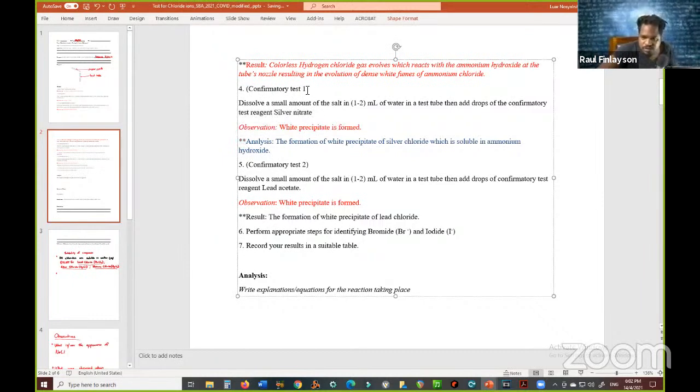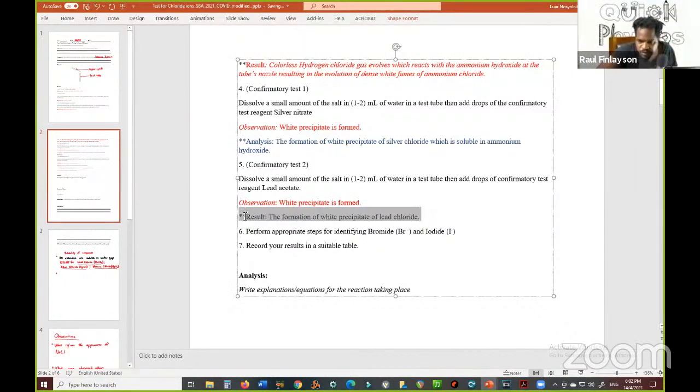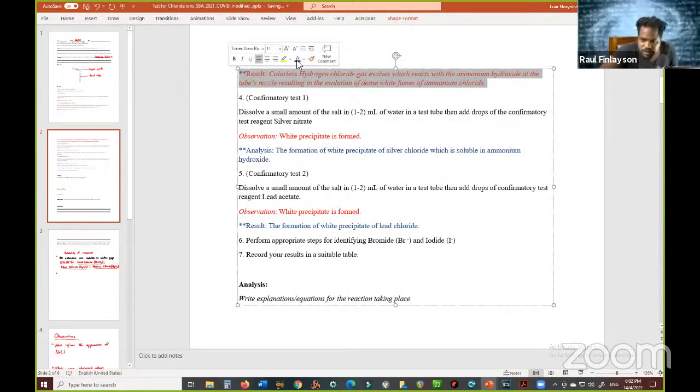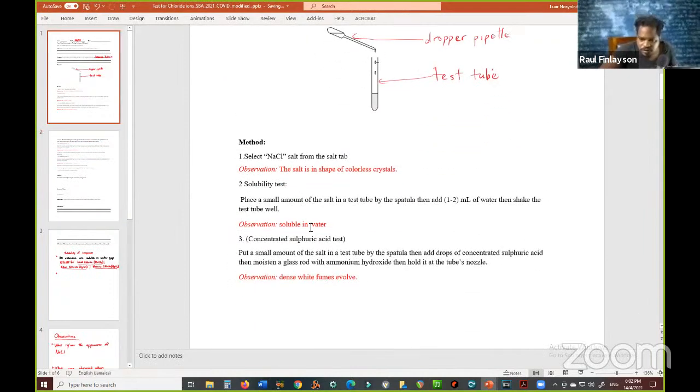So let's try and organize this lab here. Analysis definitely is going to be in blue. I put that in blue there, guys, to make the lab easier to read for you. Let's go up to the top here. Solvent water, white fumes, the shape of colorless crystals. Those are okay.